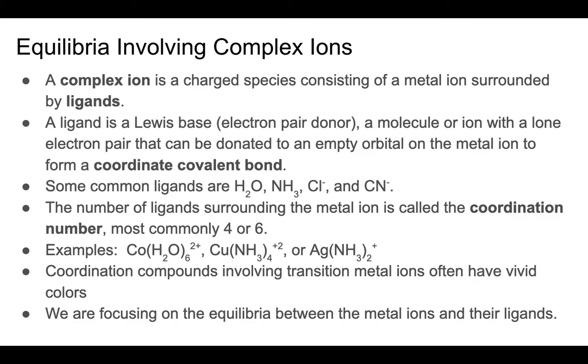So you can have different coordination numbers, and you can have different ligands surrounding these ions. Like I said earlier, these often have some really pretty colors, but our main focus in this unit is going to be that the metal ions using these ligands will have an equilibrium, and it can affect the solubility.